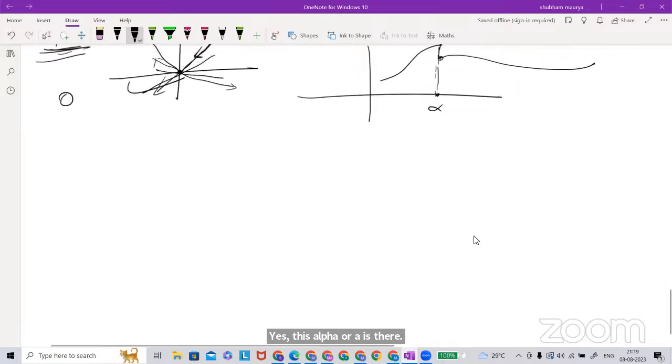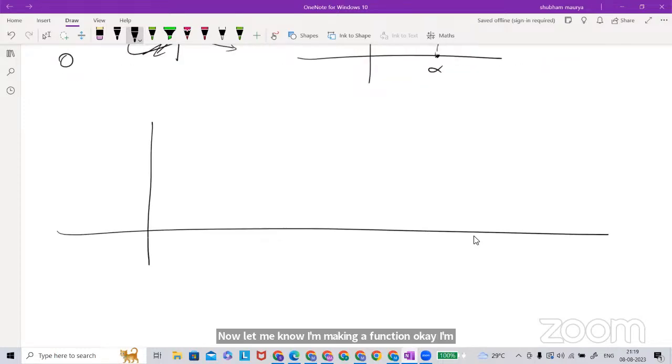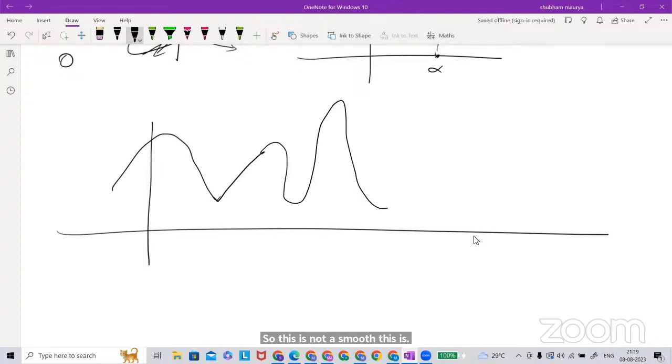Now let me make a graph here. This is not smooth, this is a corner. The function is going to be like this, and this is solid, here is a circle, and this is a smooth one.